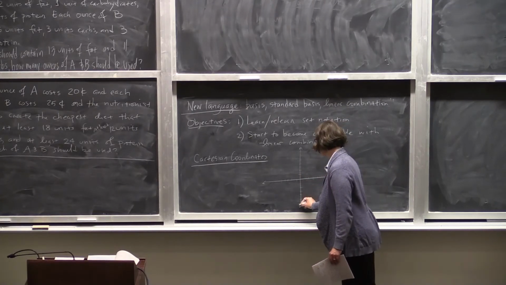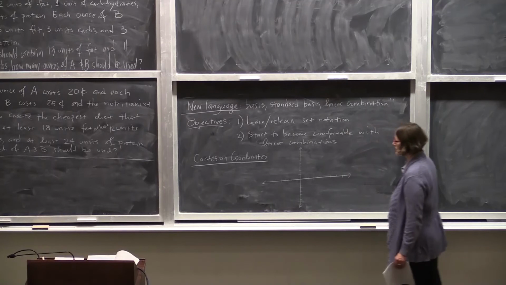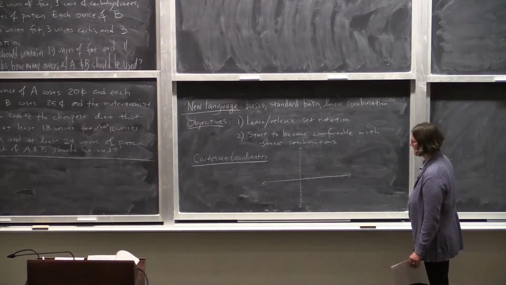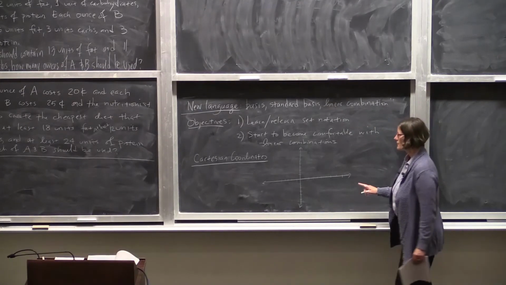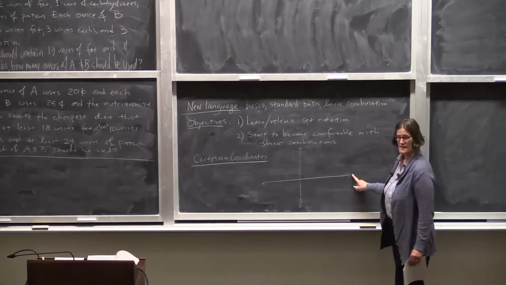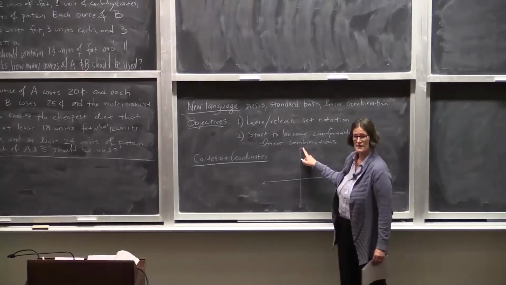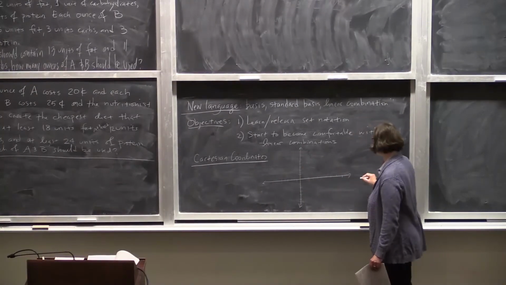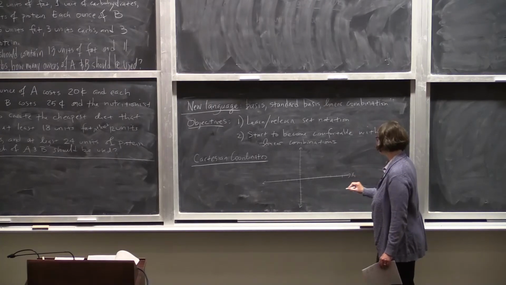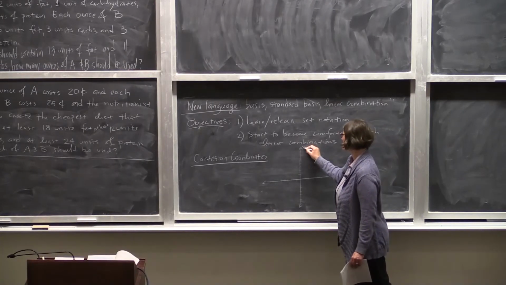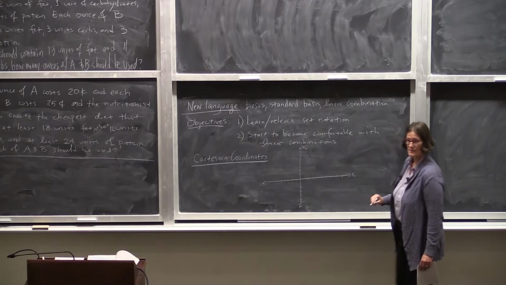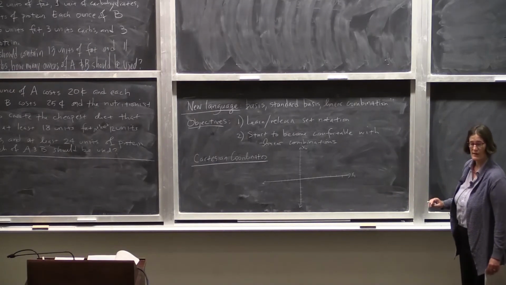They might be an inch apart, a mile apart, a light year apart, but they're equally spaced. In high school, you would have called this the x-axis and the y-axis. In linear algebra, we're going to call this the x1 axis and the x2 axis because we're going to be getting out of 3 dimensions quite quickly.